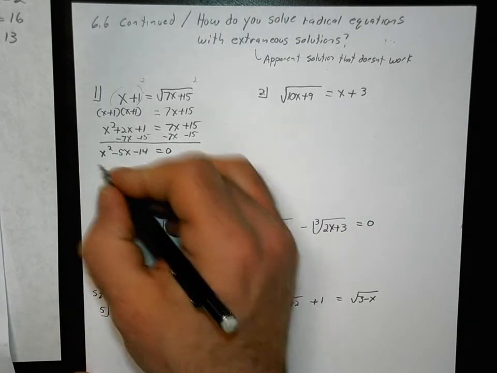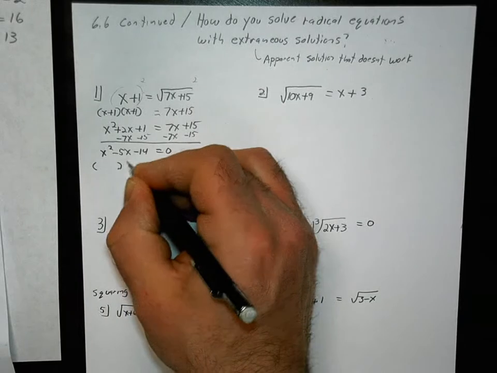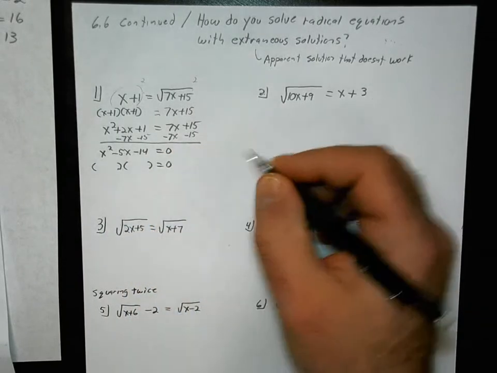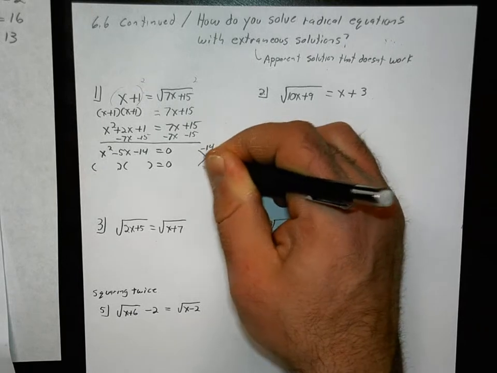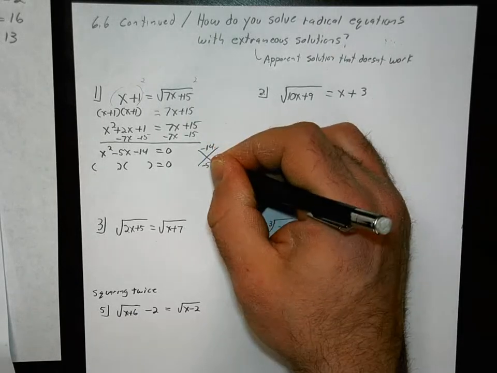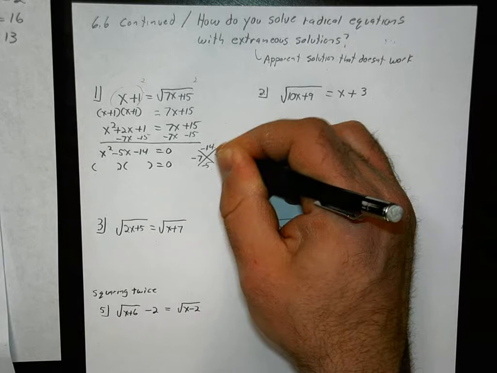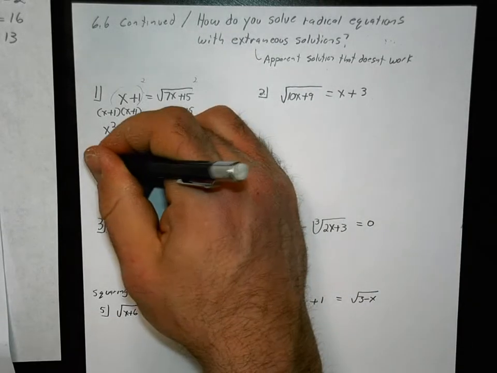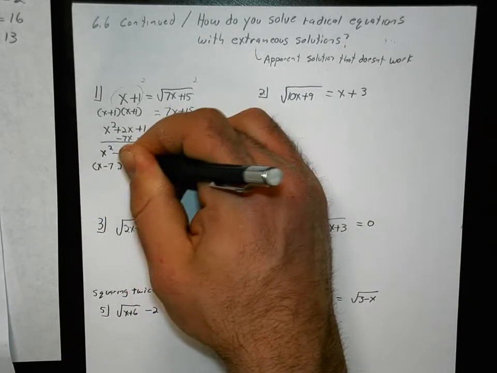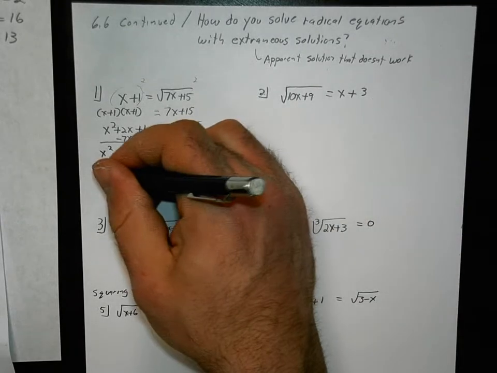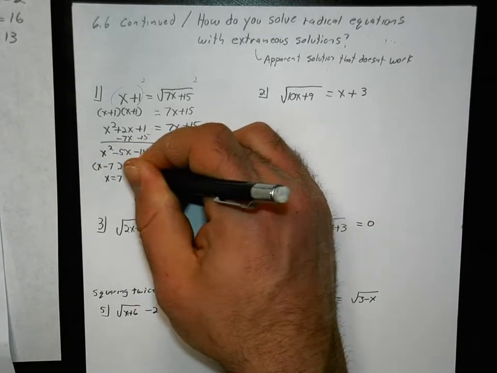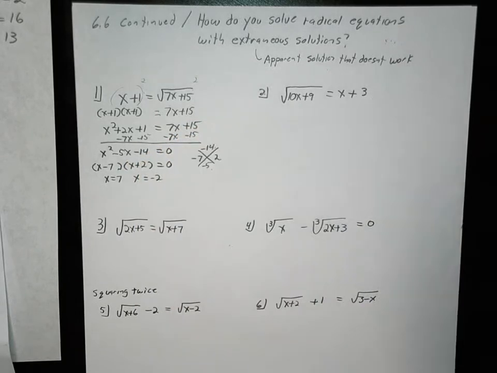Could use quadratic formula, or I could try to factor, which is the easier way. Remember, that's a diamond problem now. Two numbers that multiply to get negative 14 that add up to negative 5. Negative 7 and 2. So we get x minus 7, x plus 2. So I get x equals 7, x equals negative 2 as my two solutions.